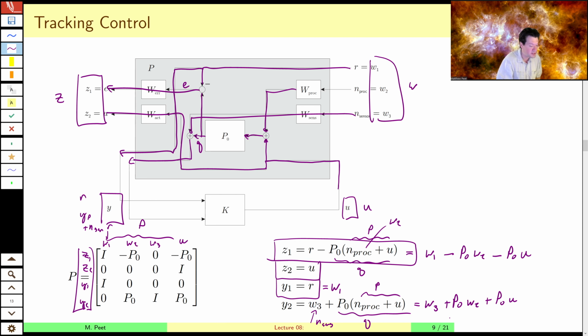So now we write down these equations in our system framework. Here's our first equation. Z1 is W1, just identity, minus P0 W2, there's W2, minus P0 U, there's U. Second equation is just Z2 equals U. Third equation is just Y1 equals W1, so just identity there.